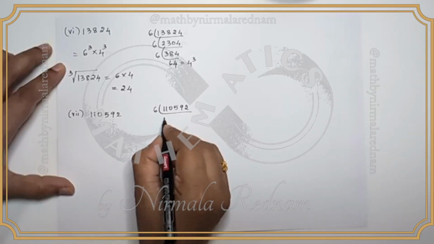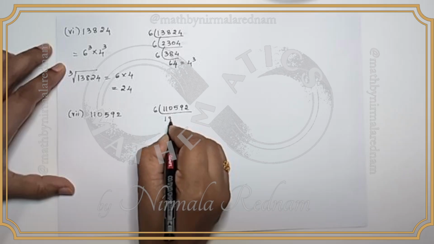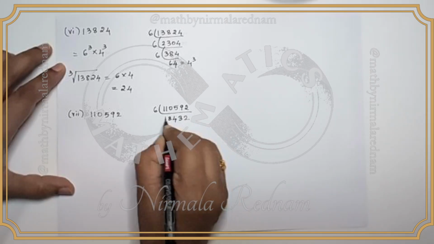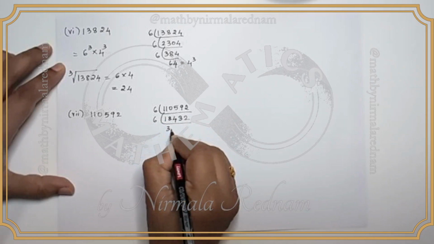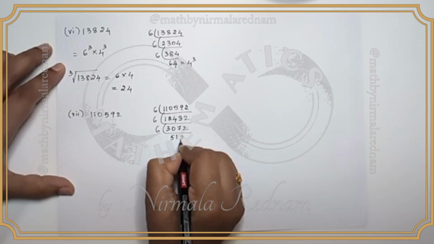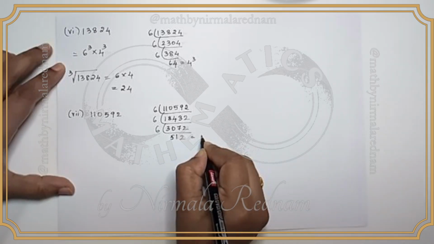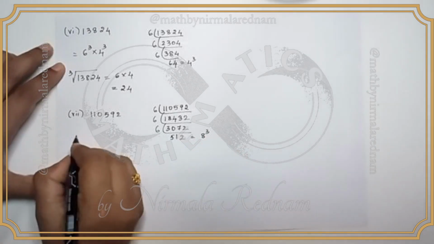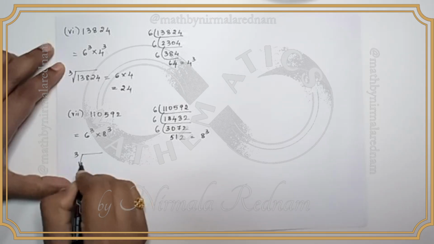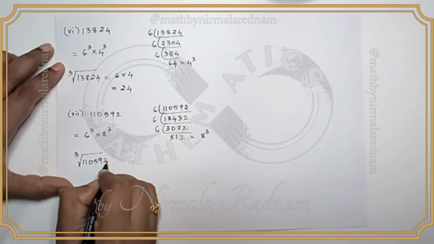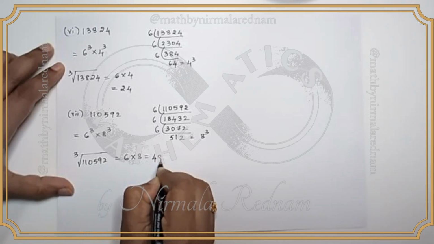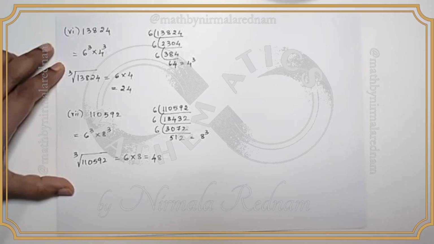Let me tell you, 6 1s, then 6 8s, 6 4s, 6 3s, 6 2s. So 3072, 512. Now 512 is nothing but 8 cube. So this is nothing but 6 cube into 8 cube. Therefore cube root is 6 into 8, which is 48. Correct?